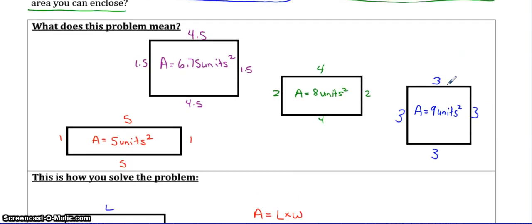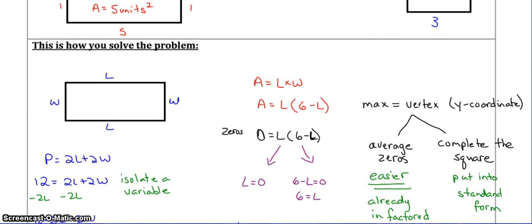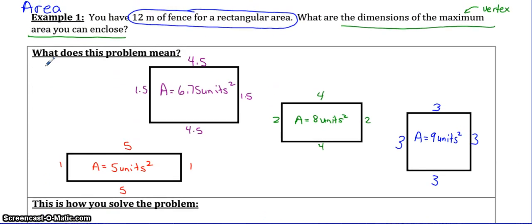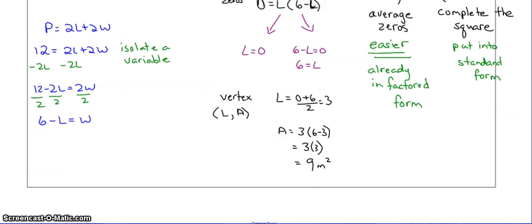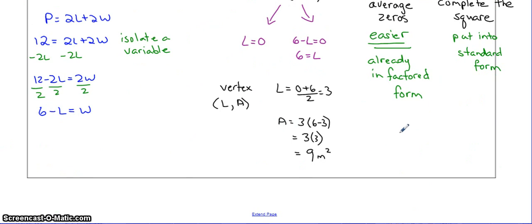So there you have algebraically confirmed that the square is the rectangle that would give you the largest area. So don't forget to answer the question, what are the dimensions of the maximum area you can enclose? So the dimensions are 3 meters by 3 meters.